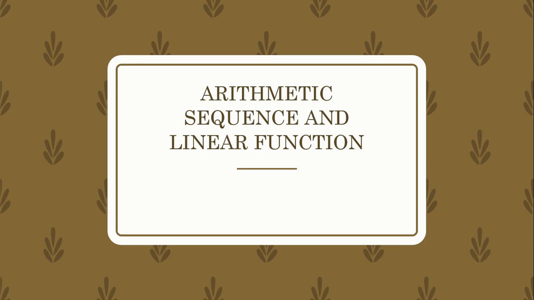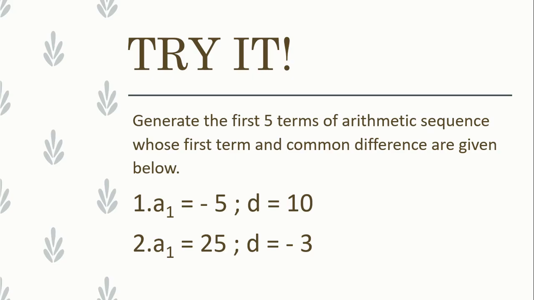Let us now continue exploring the relation of arithmetic sequence and linear function. Try it. Generate the first 5 terms of an arithmetic sequence whose first term and common difference are given below. Number 1, first term is -5, and the common difference is 10.